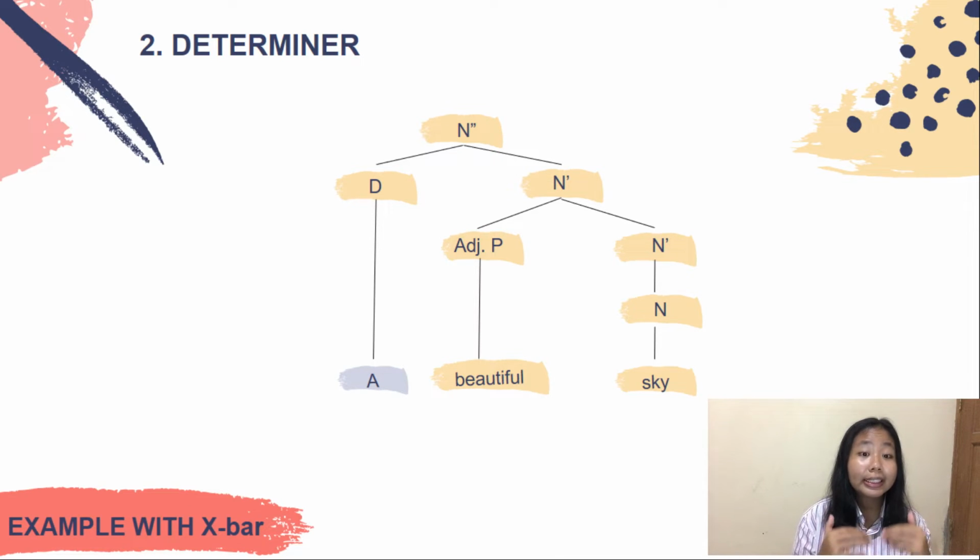Determiner here is a, and N bar branches into adjective phrase and N bar. An adjective phrase is beautiful, and N bar here branches into noun, and sky is a noun. So the determiner of this phrase is a.